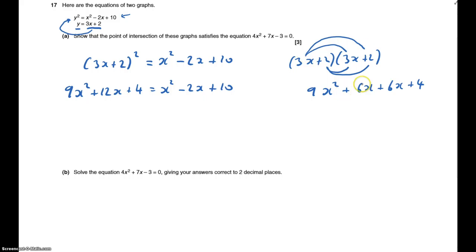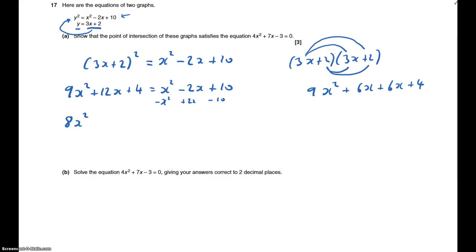Whenever we do that, we now need to get rid of that minus 2x, the minus x squared. So I've got to take away x squared from both sides. I've got to add 2x to both sides, and I've got to take away 10. And that will give me 9x squared take away 1x squared will be 8x squared.